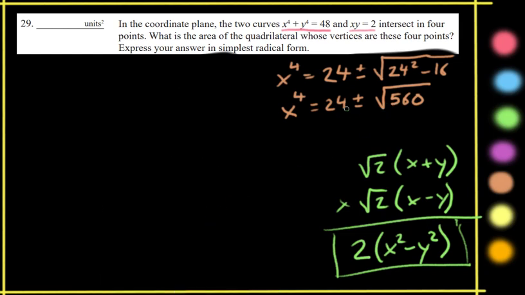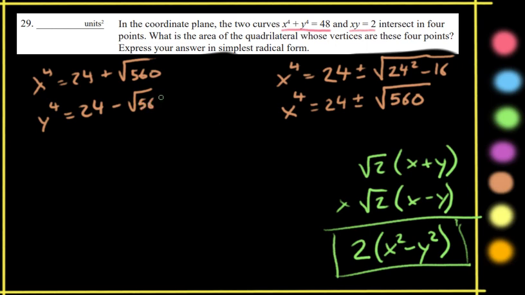The plus is going to be the x, the way we had set up that graph with x being bigger than y, and the minus is going to give us the y to the fourth. So actually x to the fourth is equal to 24 plus the square root of 560, and y to the fourth is going to be equal to 24 minus the square root of 560.